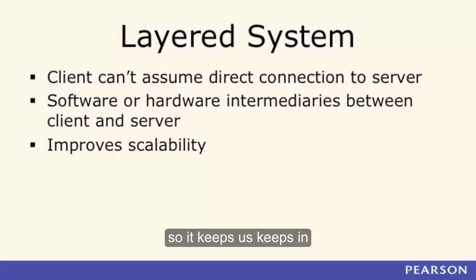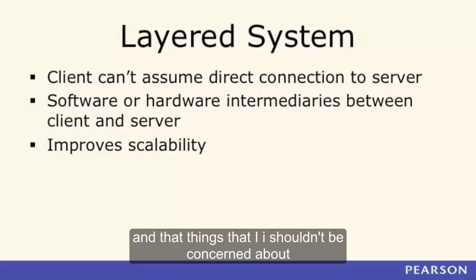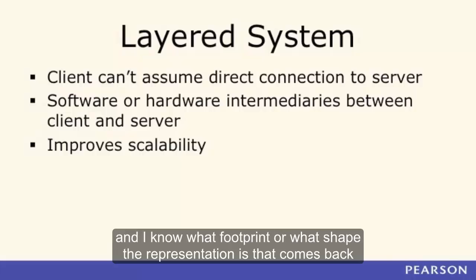So it helps us keep in mind that separation of concerns and that things that I shouldn't be concerned about, so that as a client, all I know about is that API, and I know what footprint or what shape the representation is that comes back.